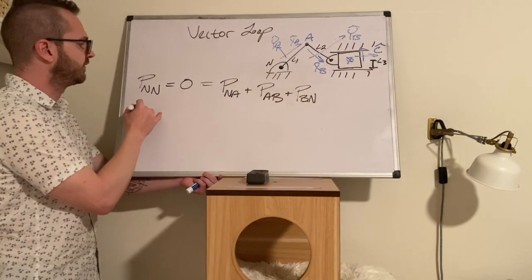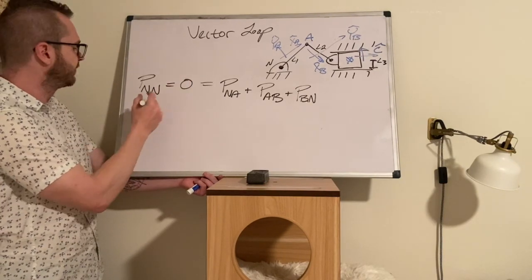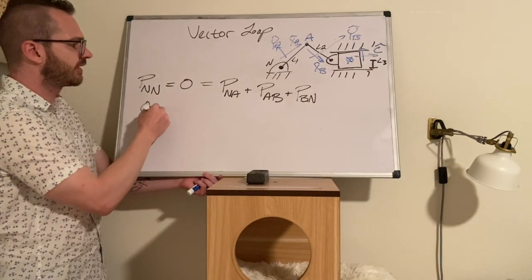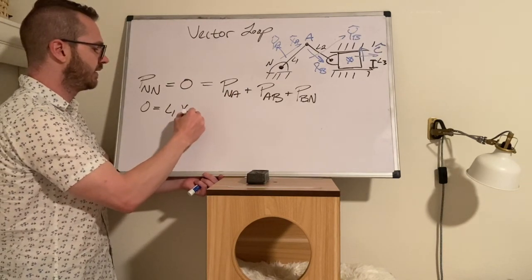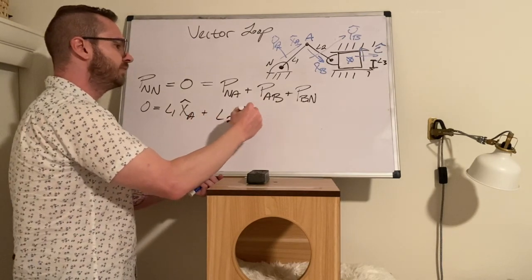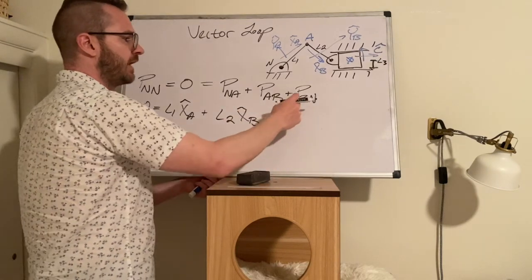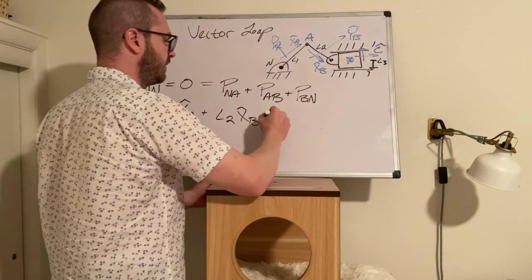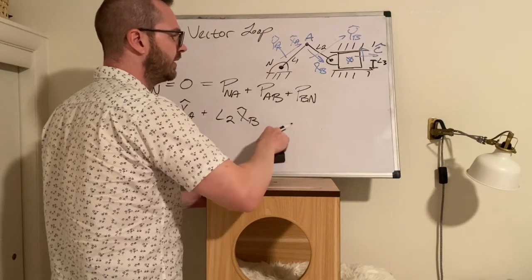All right, so I'm going to drop this P N to N. I am going to carry down the 0. The 0 is actually very important. So P N to A, that was L1 x hat A. P A to B is L2 x hat B. Now P B to N, let's do it this way.